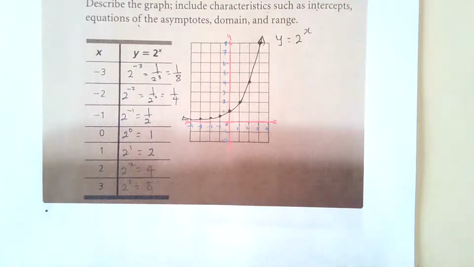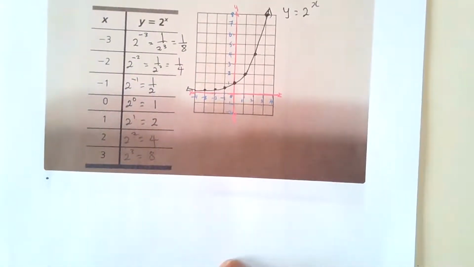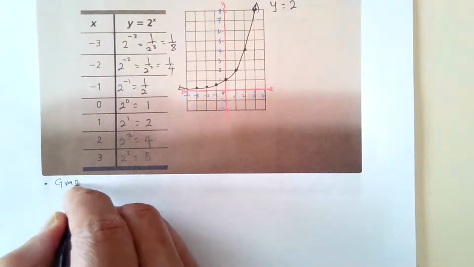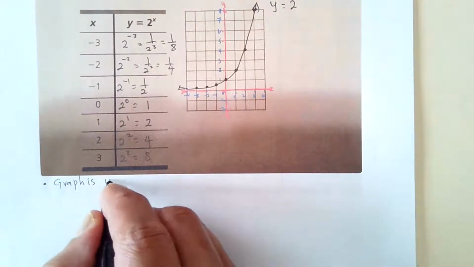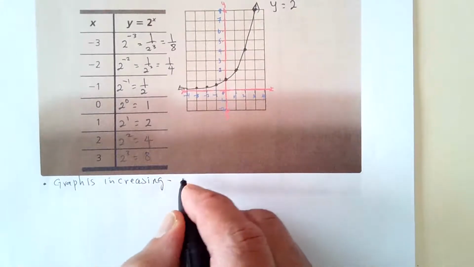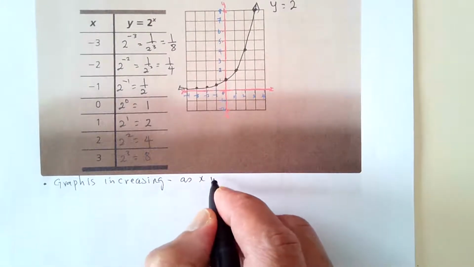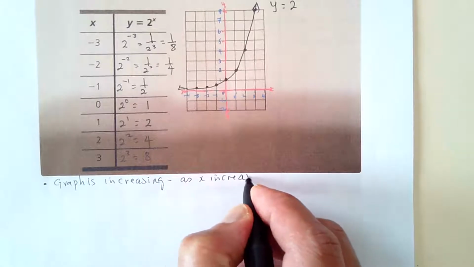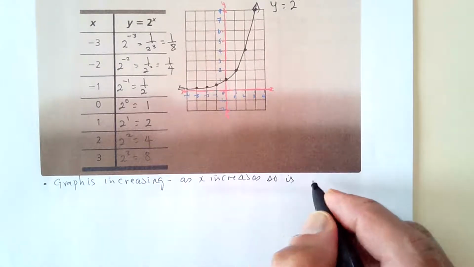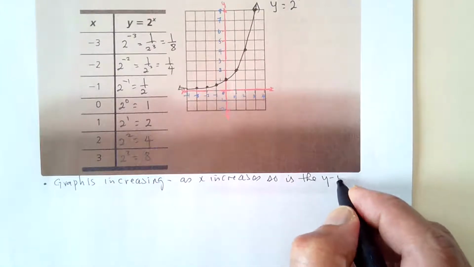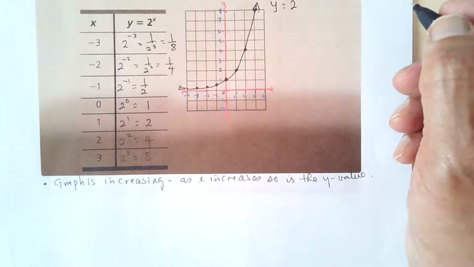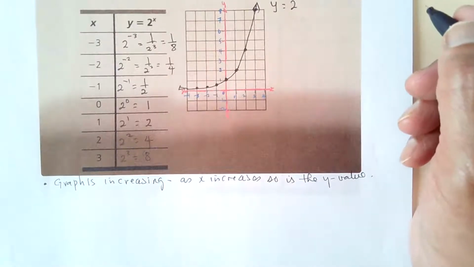So number 1, the graph is increasing because as x increases, so do the y values. That's what we mean by an increasing graph.